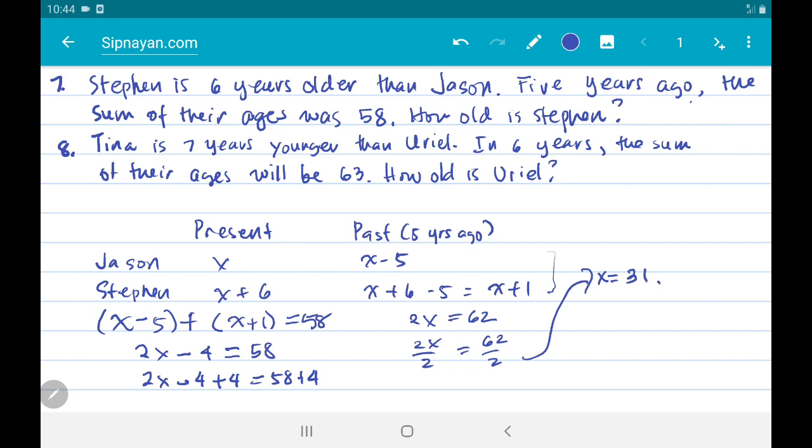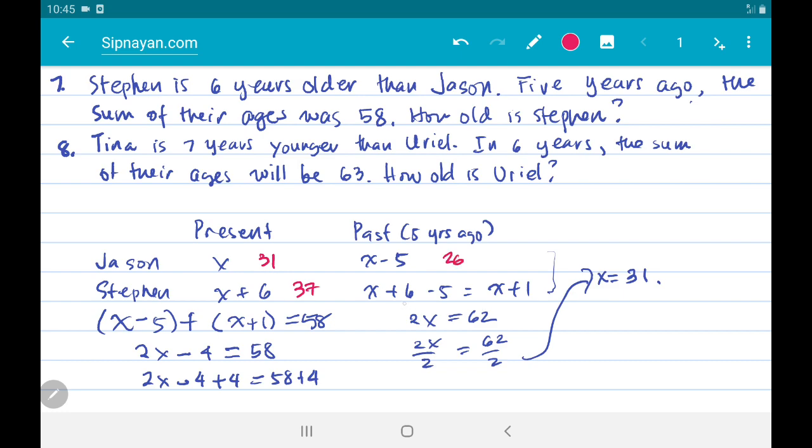So alin dito yung 31? Saan yung x natin? Yung kay Jason, yung present age ni Jason. At ang present age ni Stephen ay 31 plus 6, which is 37. Now, 5 years ago, ilang taon si Jason? 31 minus 5 is 26.